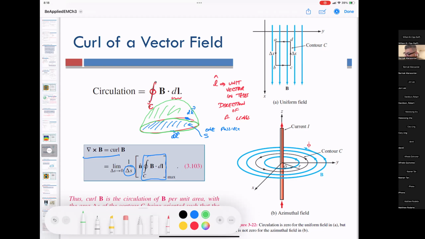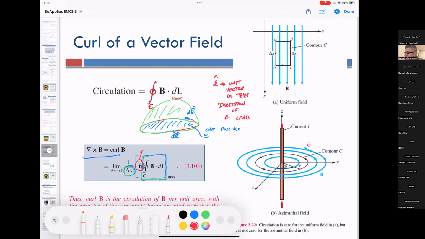You're dividing this line integral over that surface as the surface goes to 0. And the direction of the resulting vector is a unit vector in a particular direction.